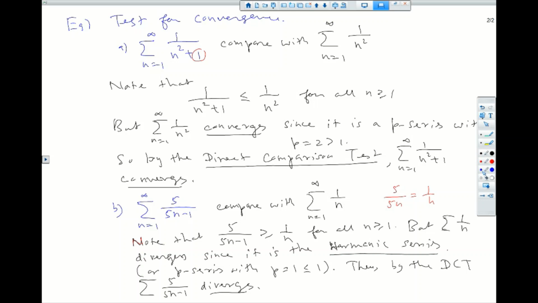As for the next one, part C, let's do this. Let's do the sum of 1 over n minus 1, and in this case you can't put n equal to 1, so I'm starting n equal to 2 to infinity. What do you do if you ignore the negative 1? You're going to compare this with 1 over n.